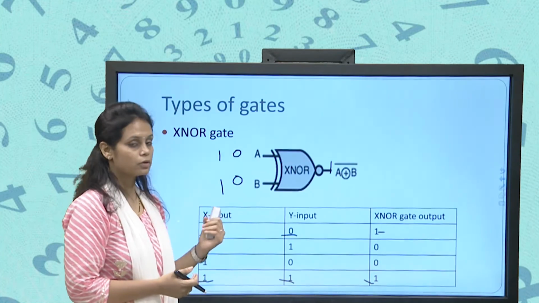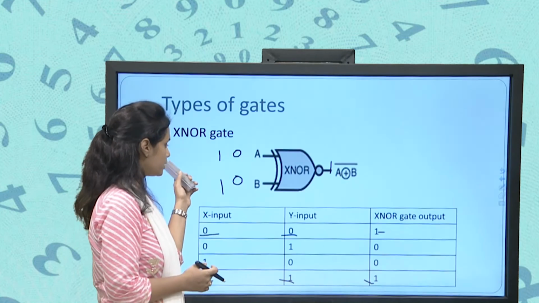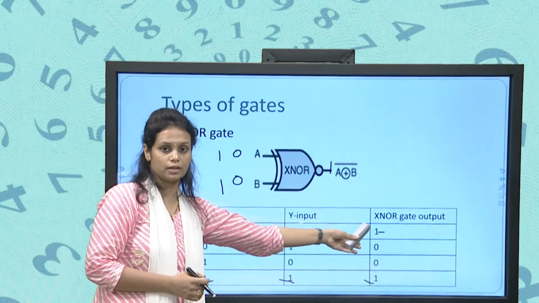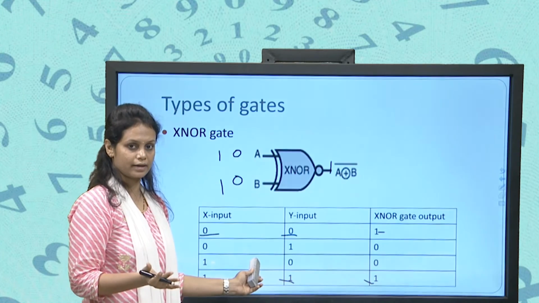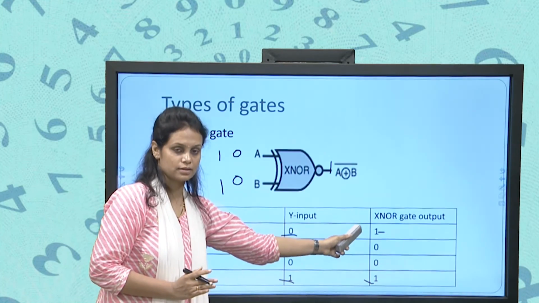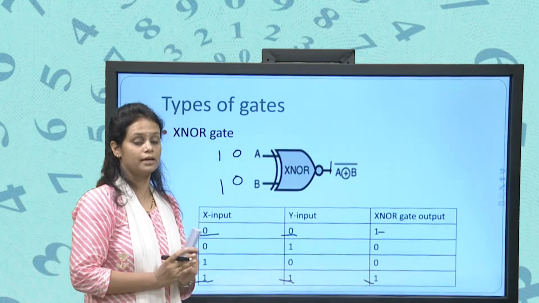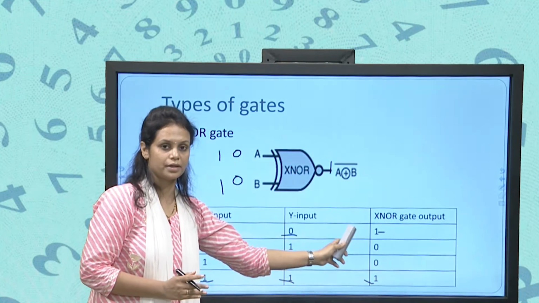How is XNOR different from the XOR gate? I am repeating again: the XNOR gate gives the output 1 if your 2 bits are the same, while in the XOR gate if your 2 bits are the same then the output is always 0.